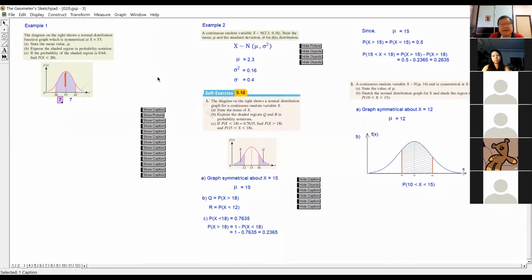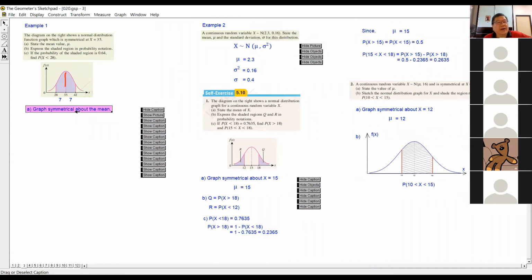This shows us that 28 and 42 are symmetrical about 35 because both of them are 7 units away from 35. So if they are 7 units away from 35, that means 42 and 28 are symmetrical about the center line.